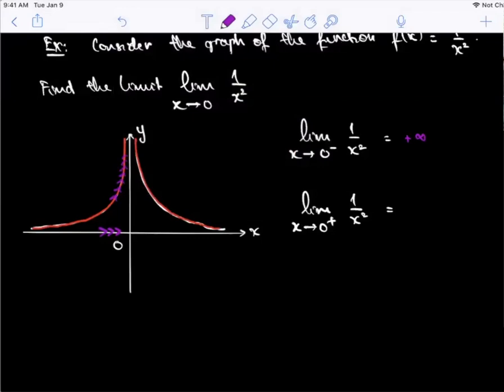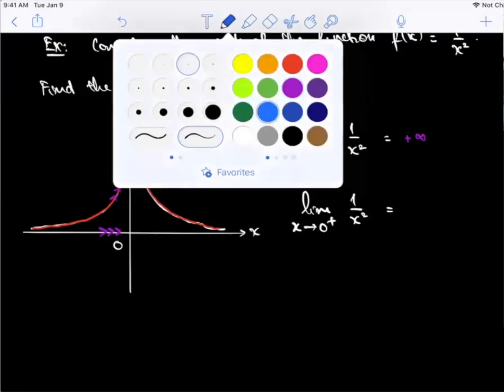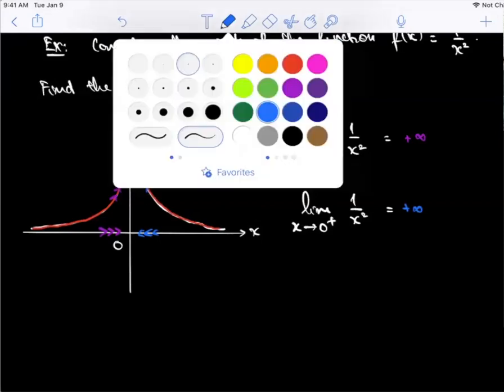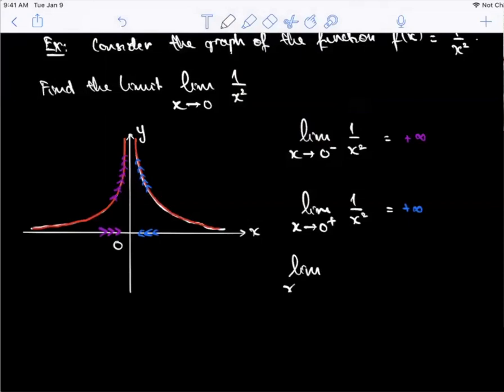Now, when x approaches 0 from the right, like that, where is the function going? The function is also going to positive infinity. And we are sure about this because, once again, by looking at the graph, x equal to 0 is the vertical asymptote, and therefore the limit of the function as x approaches 0 equals positive infinity.